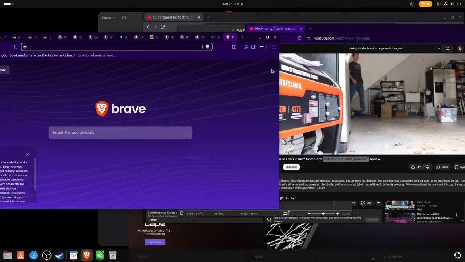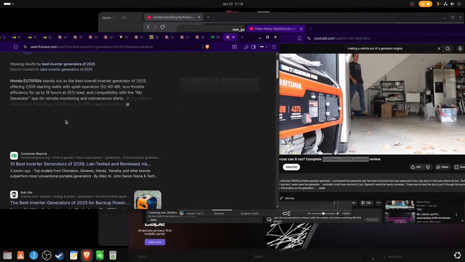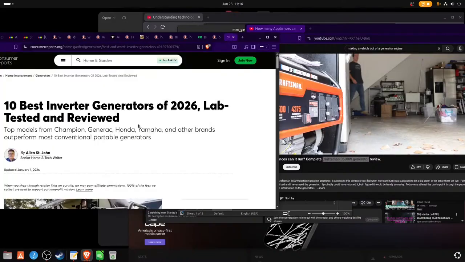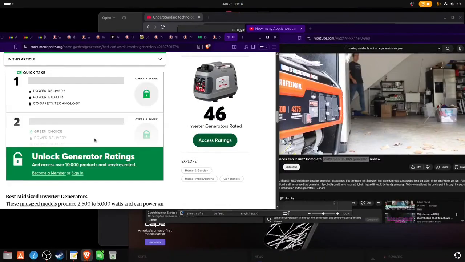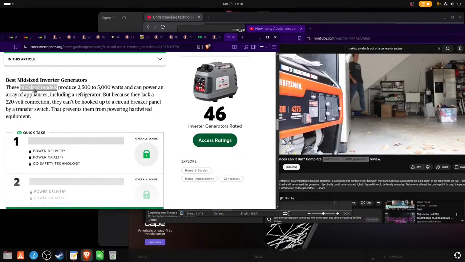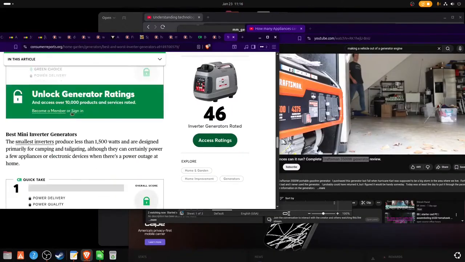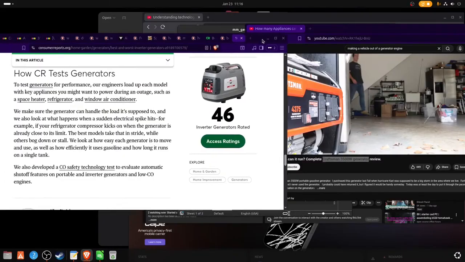All right, let's do best inverter generators of 2025. Oh, we could do 2026 too. It is 2026. Oh, it's hiding them. Consumer Reports wants money.